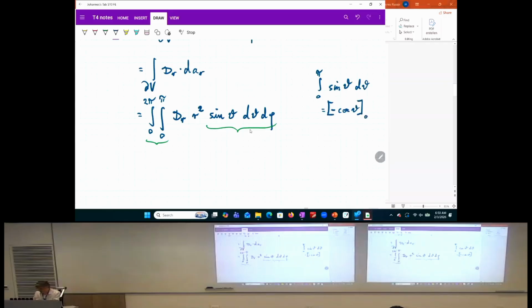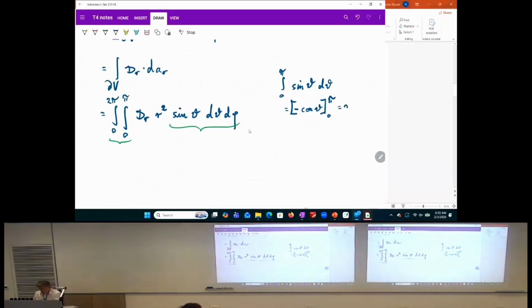The boundaries are 0 and pi. This is a 2. This basically takes care of our integration with respect to theta. And the other part is we have to take care of our integration with respect to phi. That is the integral from 0 to 2 pi, and that is just 2 pi. So that takes care of our phi.